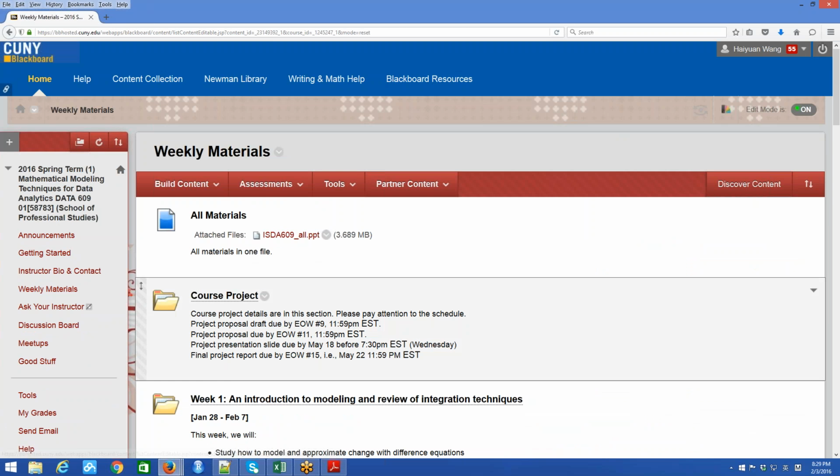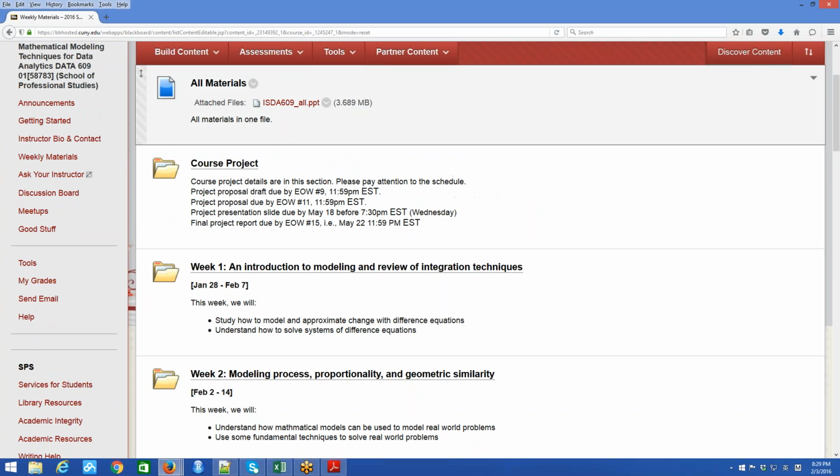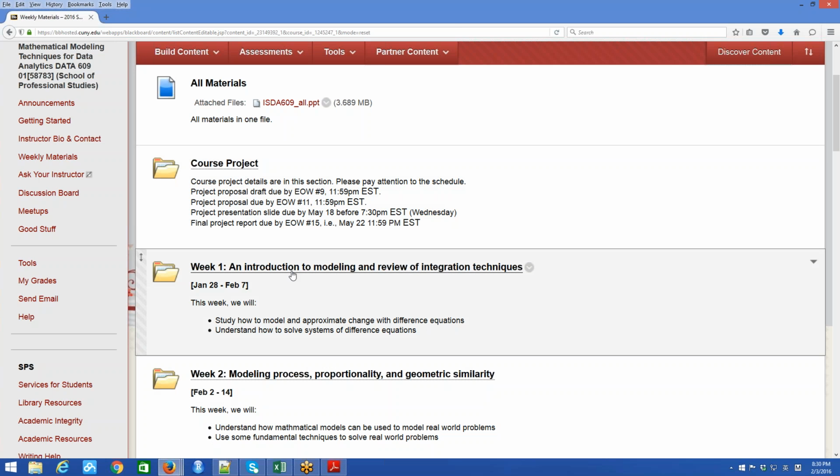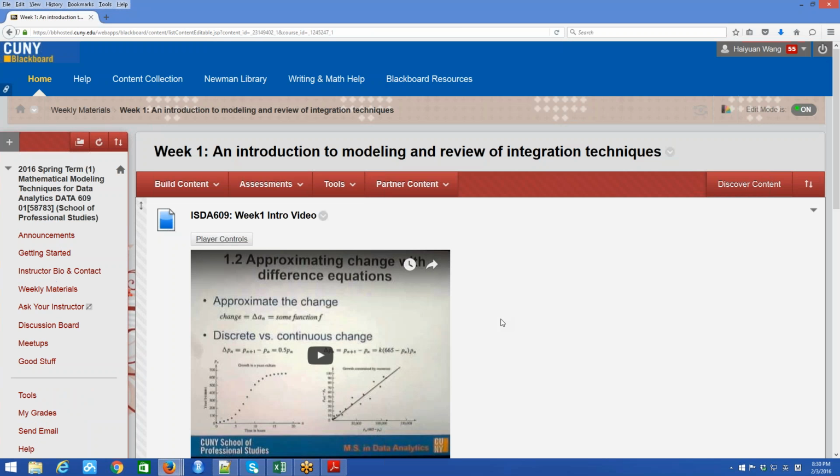And weekly materials. Here I put all the PowerPoints that we're going to cover for each week into one file, so you can download all of them if you want to. And then there's a little bit more discussion of the course project. We can discuss further detail a little bit later. For each week, you just go to the specific week.